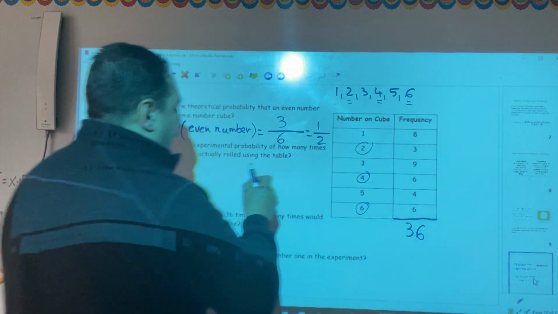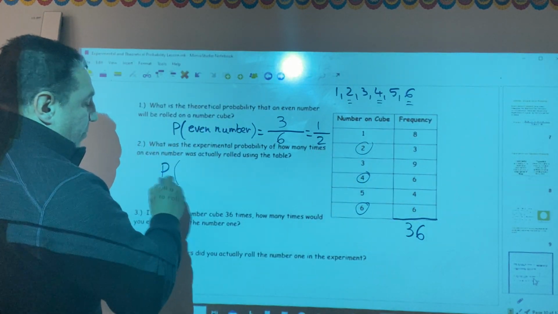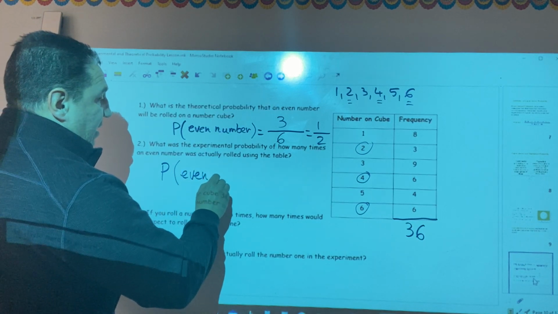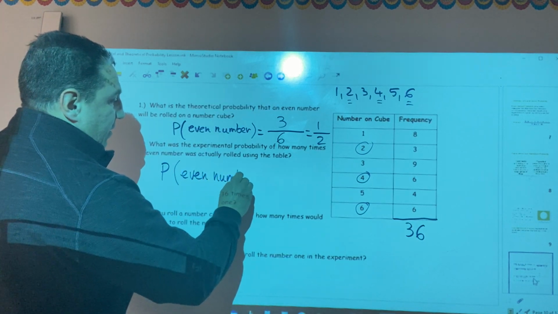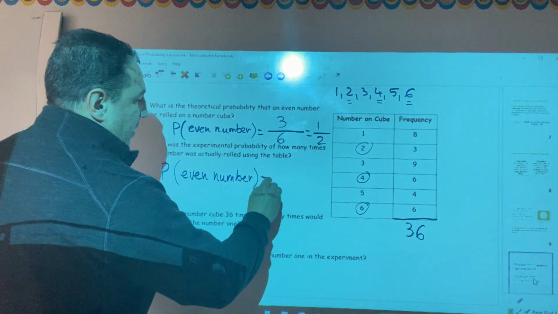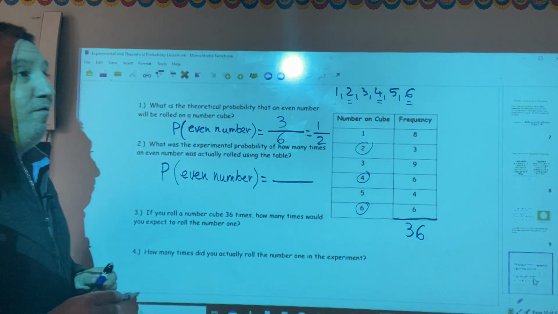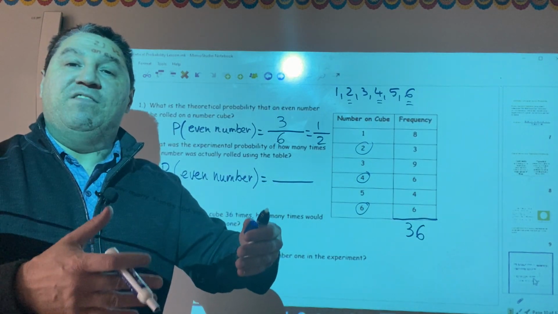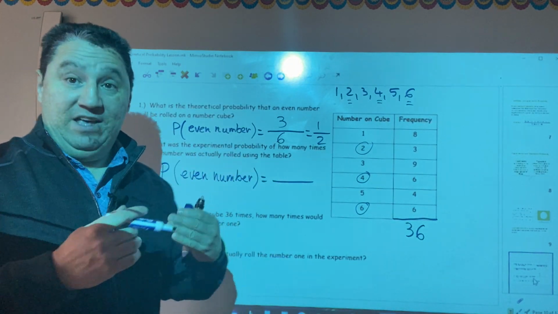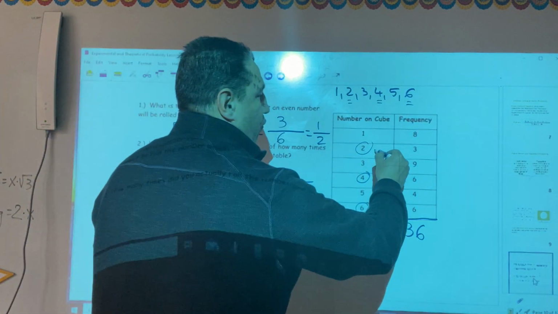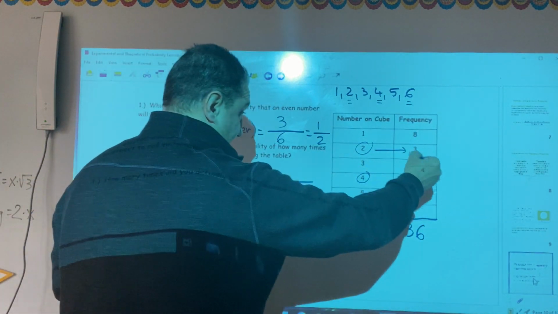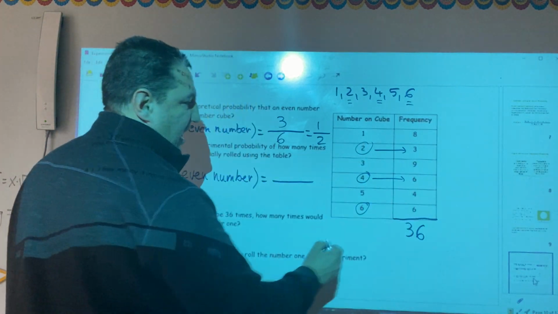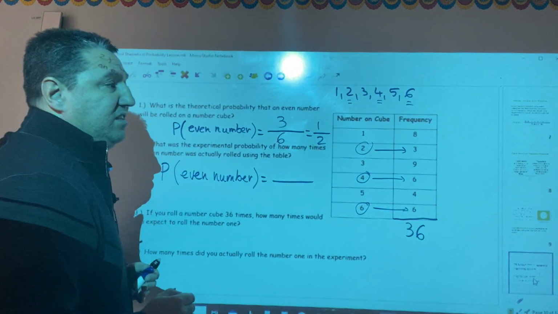Now, to find the experimental probability of having an even number, in this case, we have to find the total number of favorable trials, which is, for number 2, we had 3 times, right? For number 4, 6 times. For number 6, 6 times.